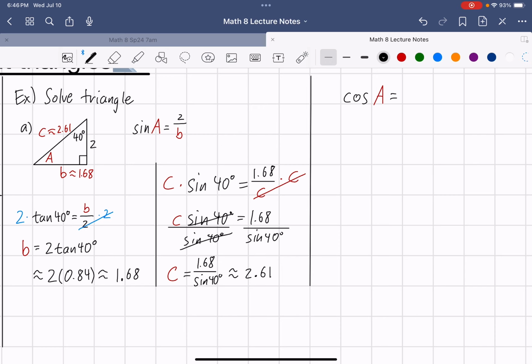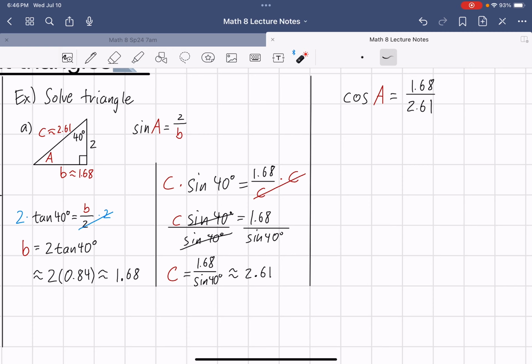Now before, this would have been a really bad choice, because before this would have been adjacent, which is B, over hypotenuse, and everything would have been missing. There would have been 3 unknown variables and only 1 equation. But now I know what the adjacent side is, 6.8. I know what the hypotenuse is, which is 2.61.